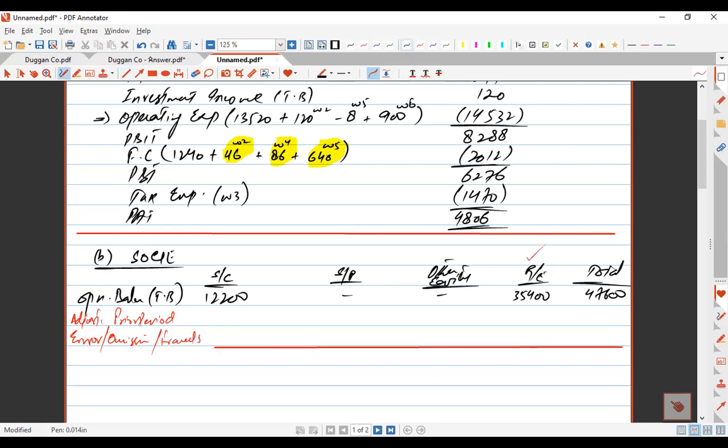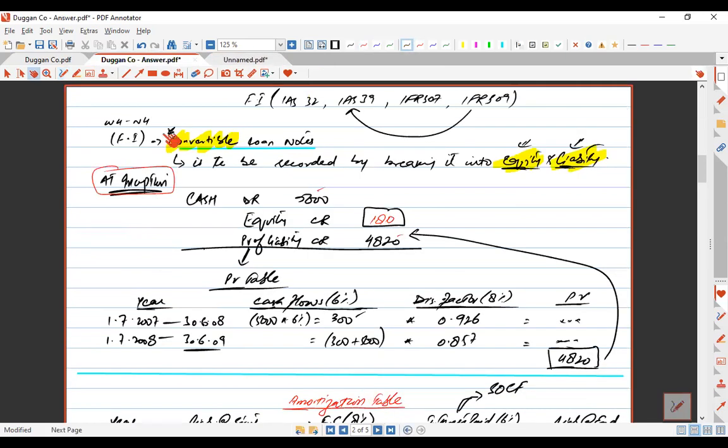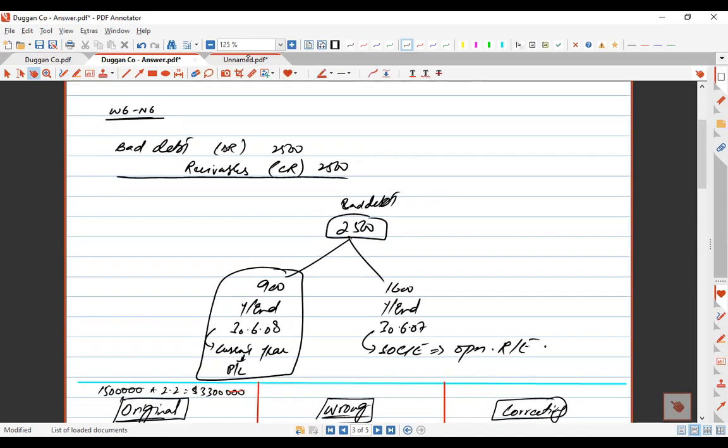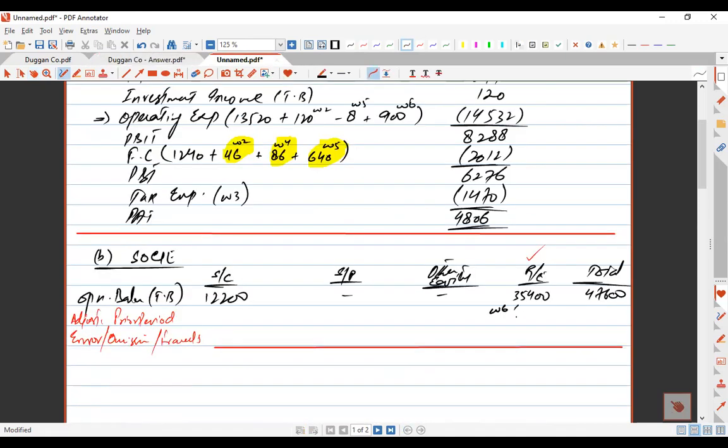You can see in adjustment number 6, from total bad debts of 2,500, 1,600 are pertaining to the last year end. So we marked that this amount of 1,600 is to be charged to changes in equity in the opening retained earning. So that's the time to record 1,600 from the opening retained earning as adjustment of prior period error or omission or fraud. From working number 6, we are taking this. As this amount is an expense, it reduces our retained earning, and is also deducted from the total column.